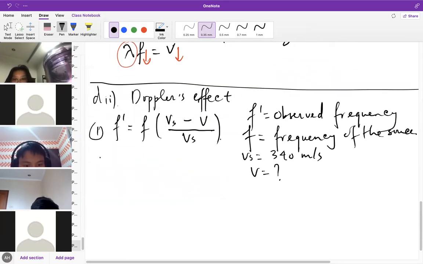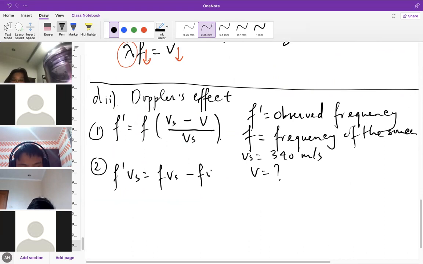Here we need to do a little bit of algebra. We multiply it by vs: f observed times vs is equal to f vs minus f v.